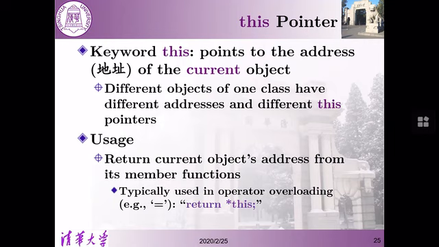For example, for the assignment operator, we need operator overloading, and we need the this pointer to return the current object. Anyway, we will learn the this pointer now, and operator overloading later.